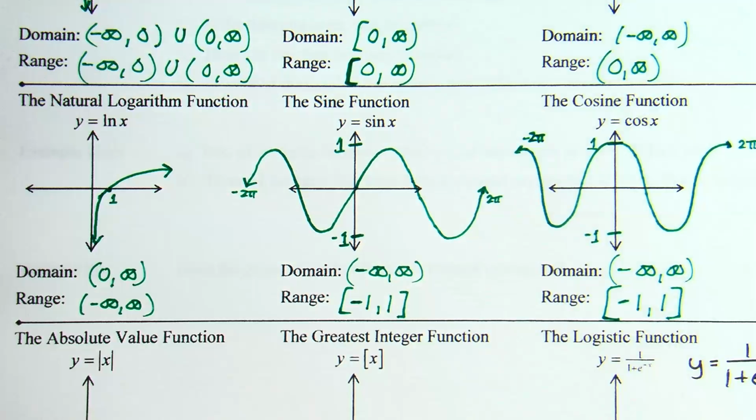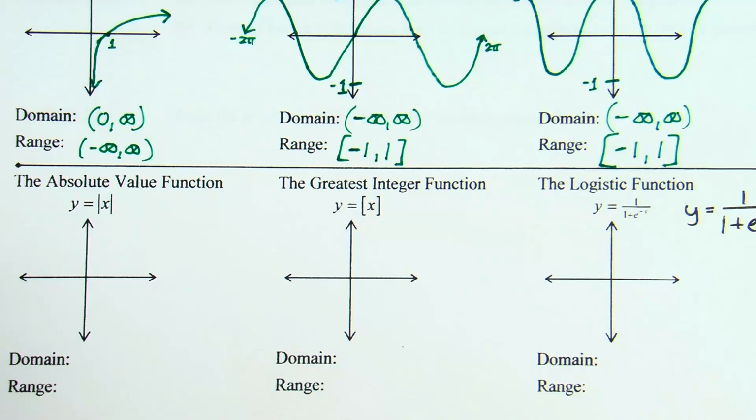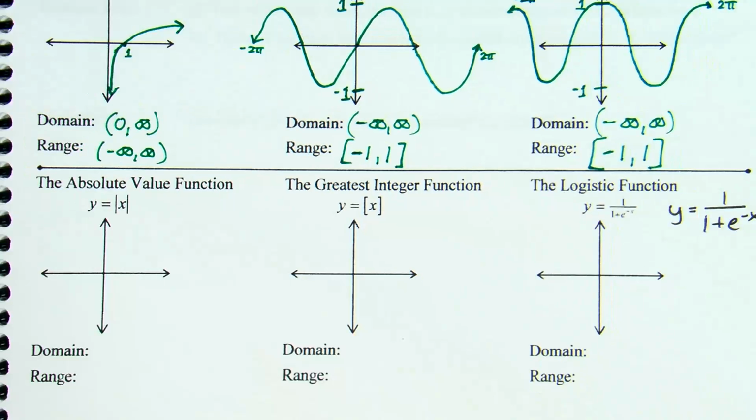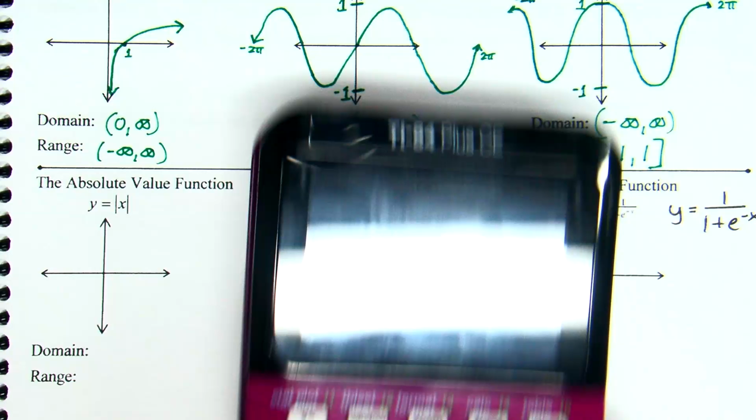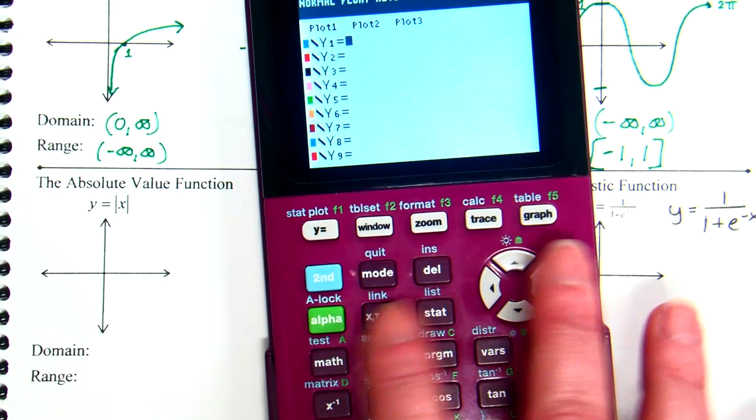Okay. Absolute value function. If you remember how to graph absolute value, you can graph this, right? What shape did you get for absolute value? It's in alpha F2 if you're trying to do the shortcut.